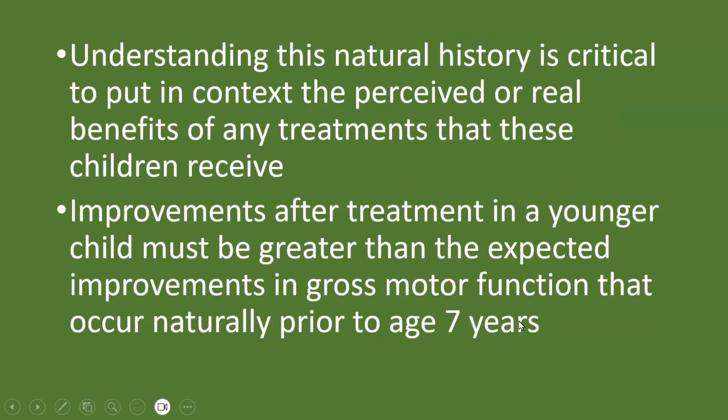Understanding the natural history is critical to put in context the perceived or real benefits of any treatments that these children receive. Improvements after treatment in a younger child must be greater than the expected improvements in gross motor function that occur naturally prior to age 7 years.